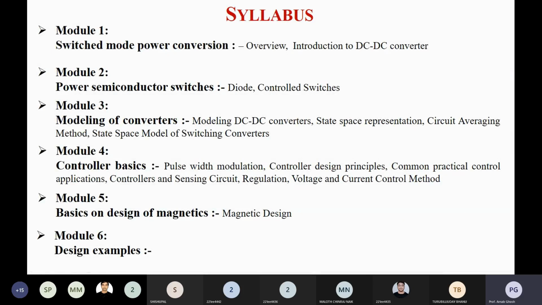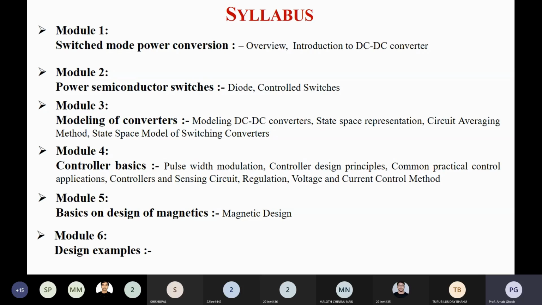DC to DC converters cover a vast area, so in this subject we are normally focused on non-isolated DC to DC converters. Isolated DC to DC converters will be discussed in your next semester, in the subject on advanced power electronics converters.